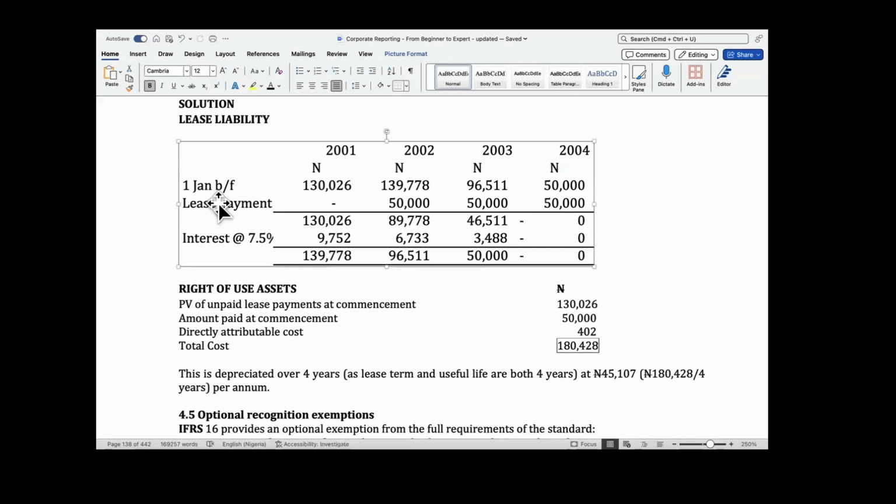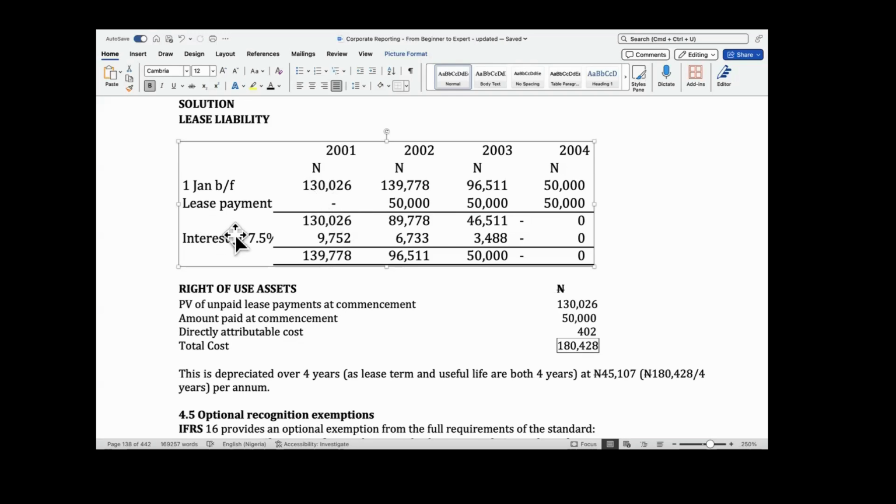But in this case, since the lease rental has already been paid, this one is 0. It's not owed anymore. It has been paid. It's not even included in this 130. This 130 was the present value of just 3 payments. So that's why this is 0, because it has been paid at the commencement date already.